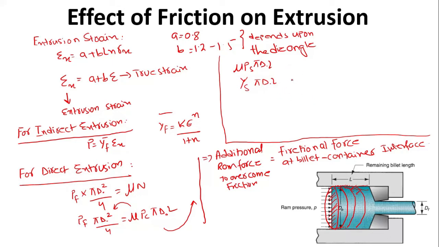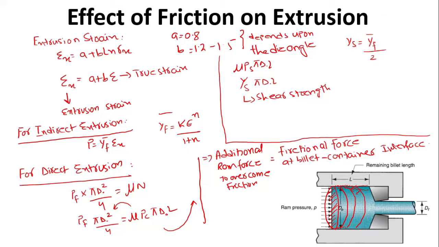And we have a theory, because we don't have any other method to calculate the shear strength of the material here. Using a theory, we say that the shear strength is equal to half of the yield strength of the material, right?